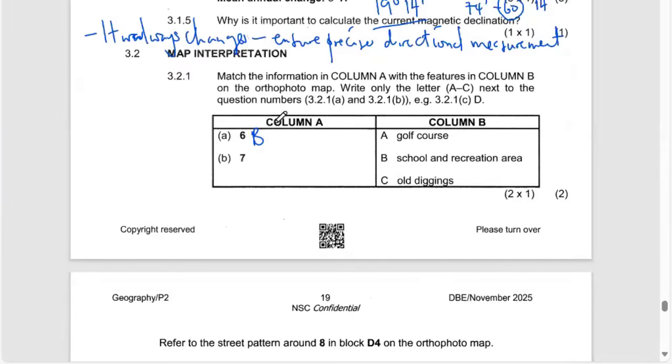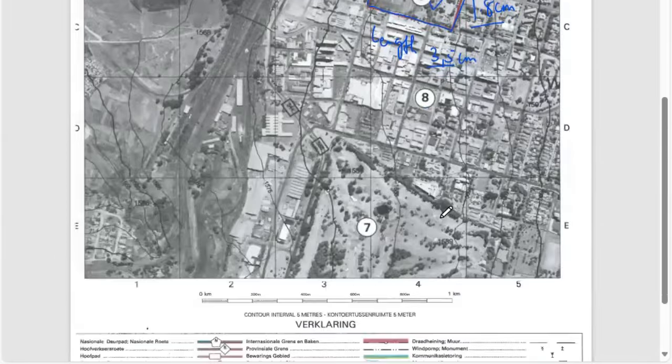Then area 7: we go to our orthophoto and try to figure out where area 7 is. We see that area 7 is in this vegetated area here, approximately in the mid southern part, stretching to the east. This is an area with vegetation.